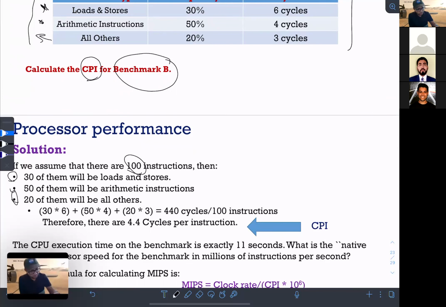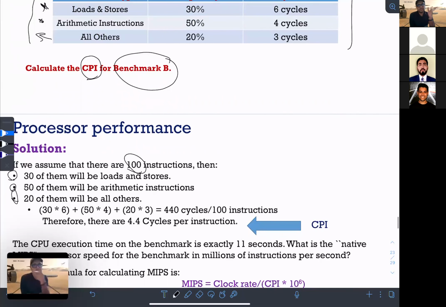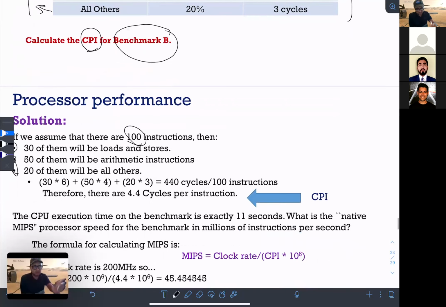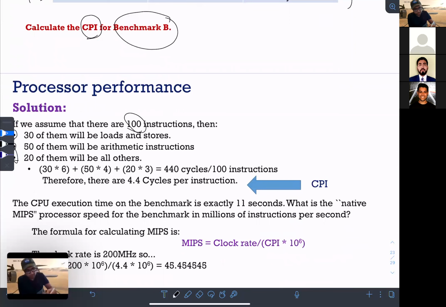So now I made it a number. Then I start multiplying and adding, as I mentioned. You add with weights, divided by all the numbers, which is 100 in this case. And then you come out to 4.4 cycles per instruction. So far, what I said makes sense?